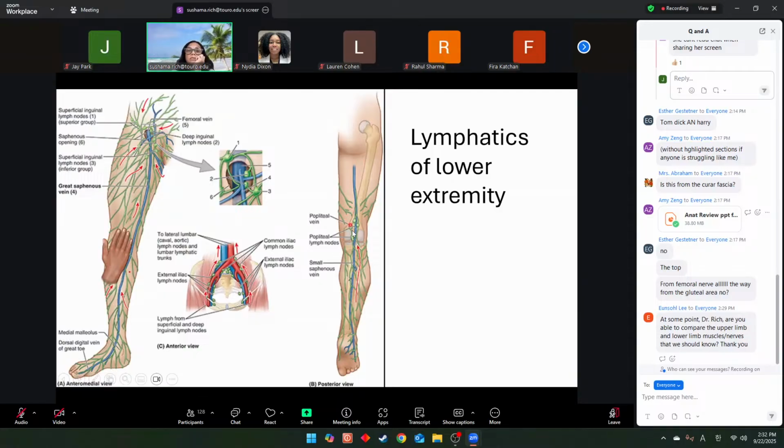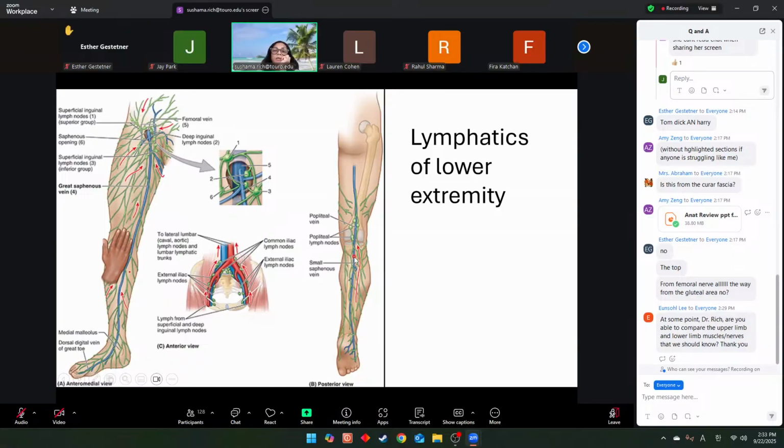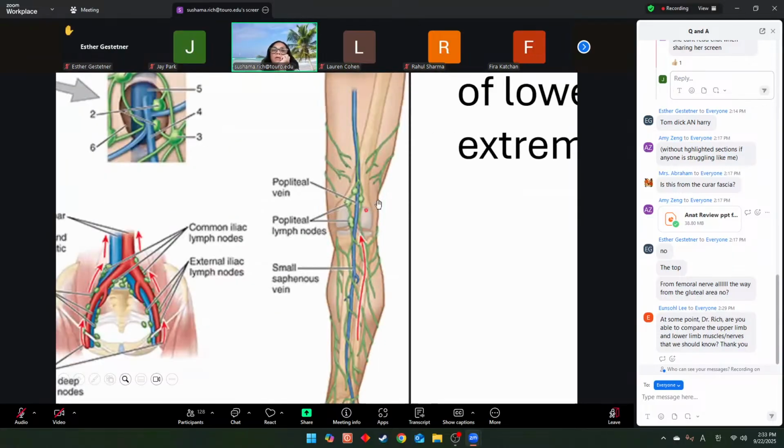The femoral artery is going to come through here and become the popliteal artery. The popliteus muscle is down here in the pop fossa because it arises on the lateral condyle of the femur as a tendon, comes around inside the knee joint capsule, and attaches here. So this is where the popliteus muscle is.